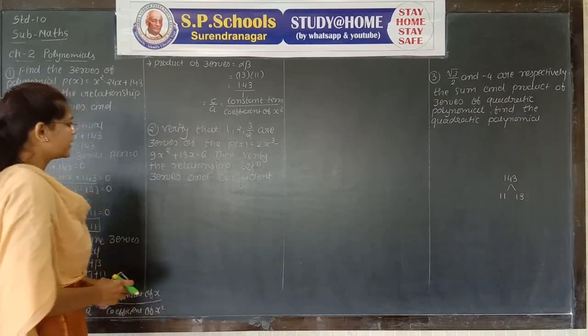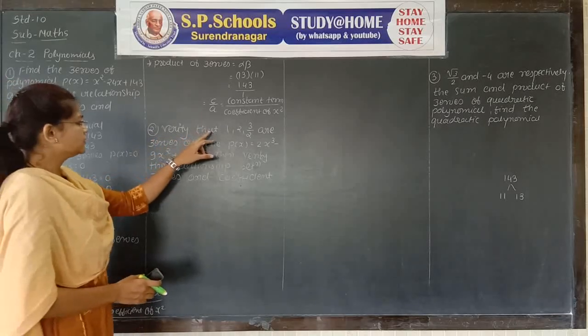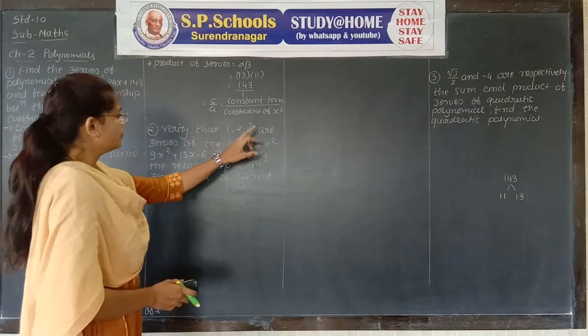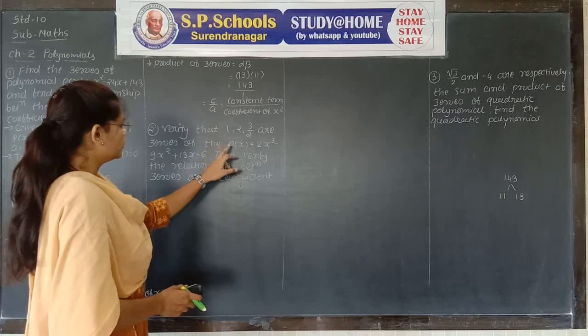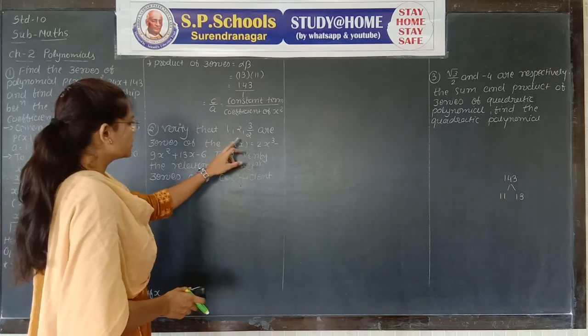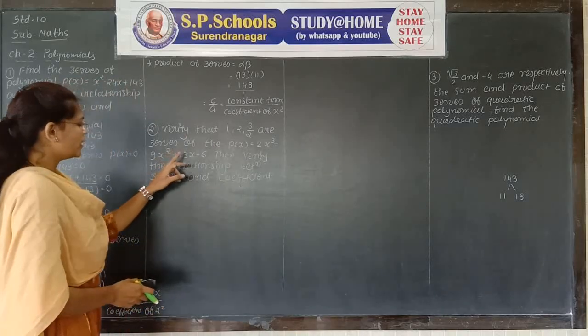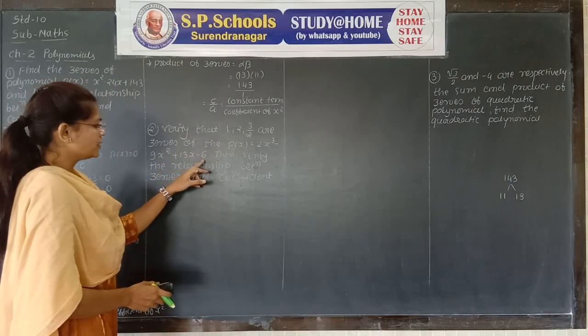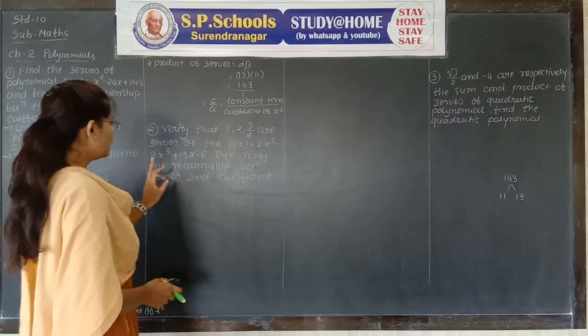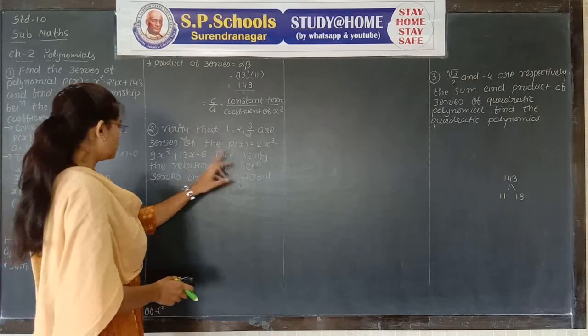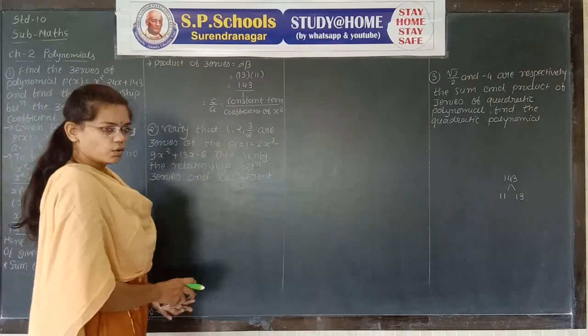Now we see the next, number 2. Verify that 1, 2, 3 upon 2 are zeros of the polynomial p of x is equal to 2x cube minus 9x square plus 13x minus 6. Then verify the relationship between zeros and the coefficients.